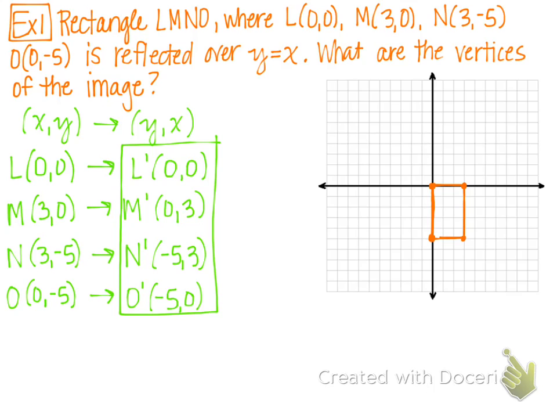So we have L, M, N, and O. So when we reflect over the line y is equal to x, we'll move this so I can better see it. We have L prime is at 0, 0. Now this hasn't changed. That's L prime. Then we have M prime, which is at 0, 3.